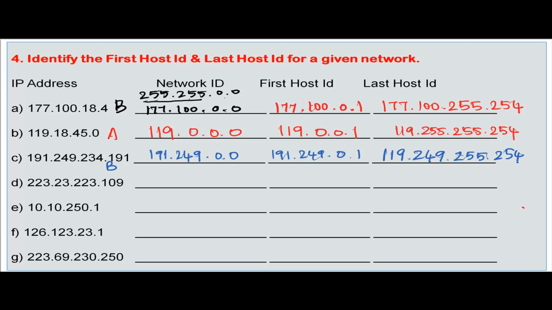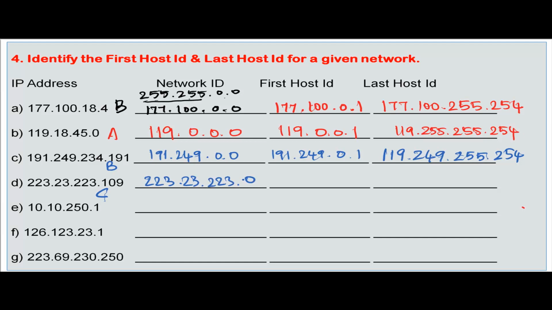Then I'm going for the next one, 223. So 223 belongs to class C. So this is a class C IP address. For a class C IP address, 255.255.255.0 is going to be your subnet mask. So in that case, the network ID is 223.23.223.0.